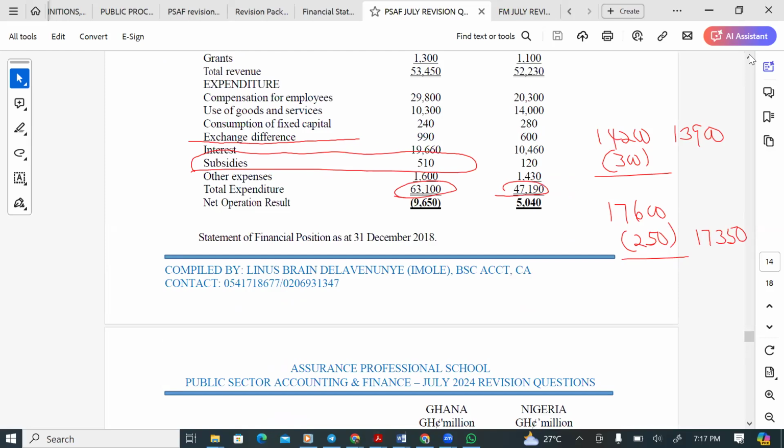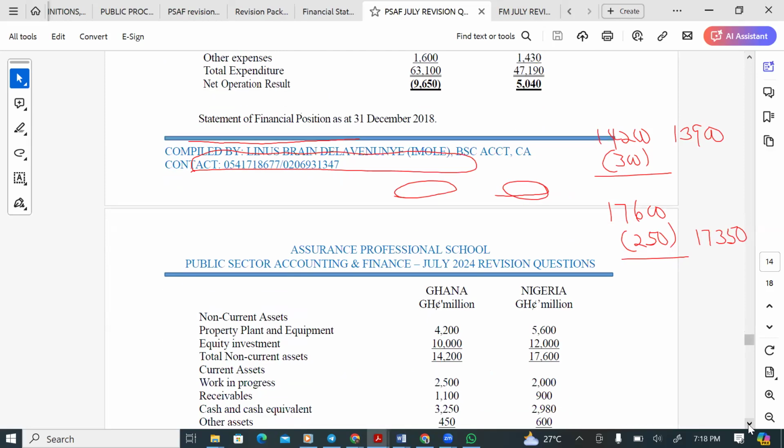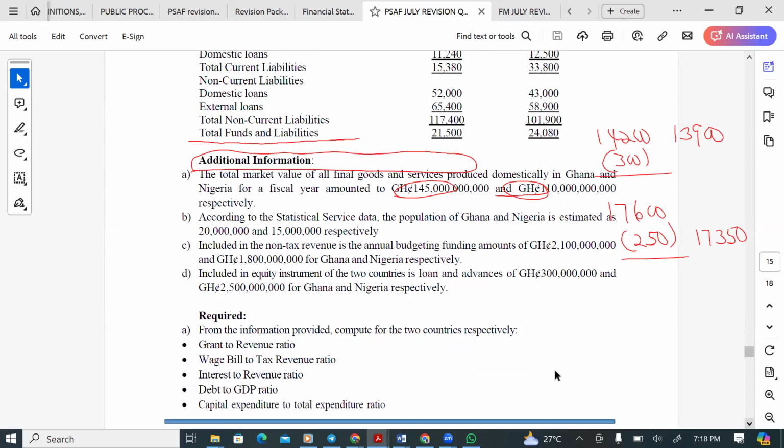Please, the Nigeria one is 2,500. It's 2,500. Are you sure? Yes, yes. If somebody can check. Taking 6 zeros out of it will be 2,000. I'm getting 15. Sir, it's 2,500. Okay.